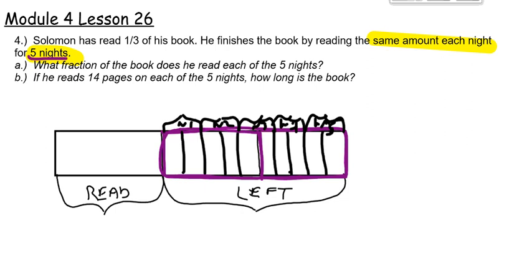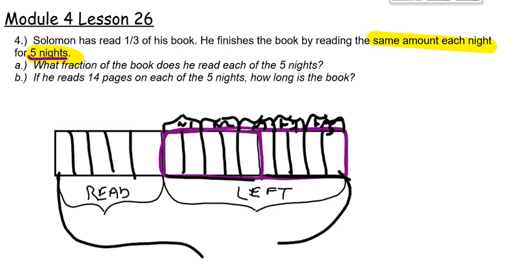Now there's one part that I really haven't done that I have to do. When I break 2 of those units into fifths, I need to break the other third into fifths as well. So the red section, 1, 2, 3, 4. Now I have 5 units there. So there are 15 units in the whole book. 15 units in the whole book.